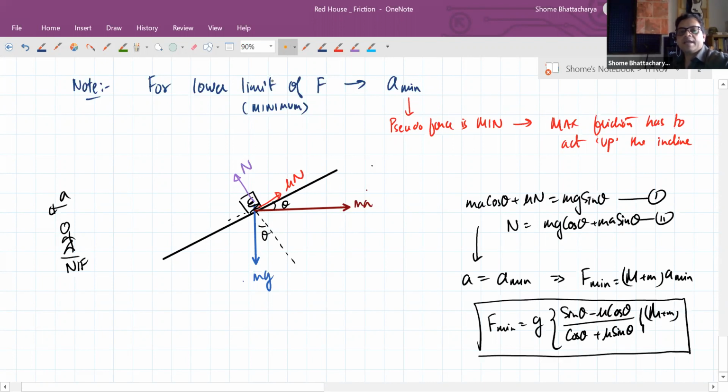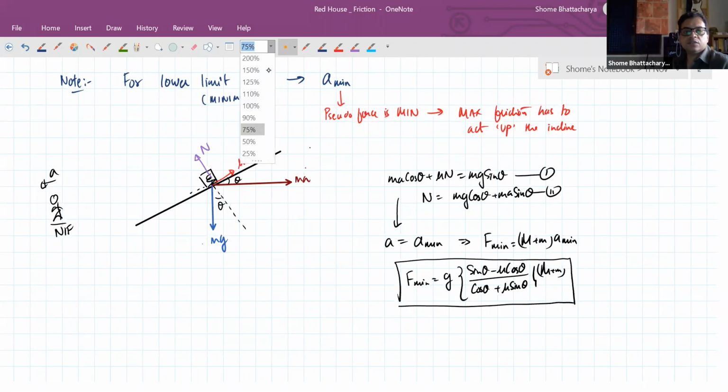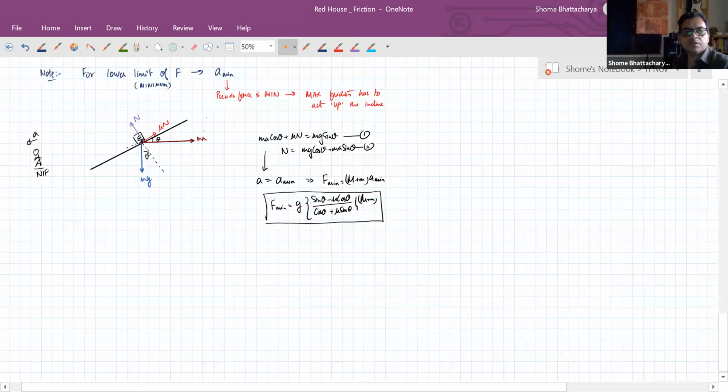Now for the maximum case, pay attention to what I'm saying next. We'll understand from this that when I start increasing the acceleration of the system by increasing the force, what happens? The amount of friction required becomes lesser and lesser, till at some stage mg sin theta and ma cos theta balance each other. At that time no friction is required.